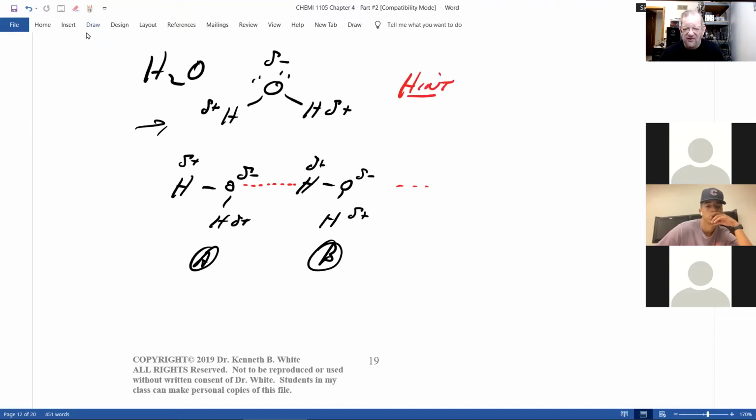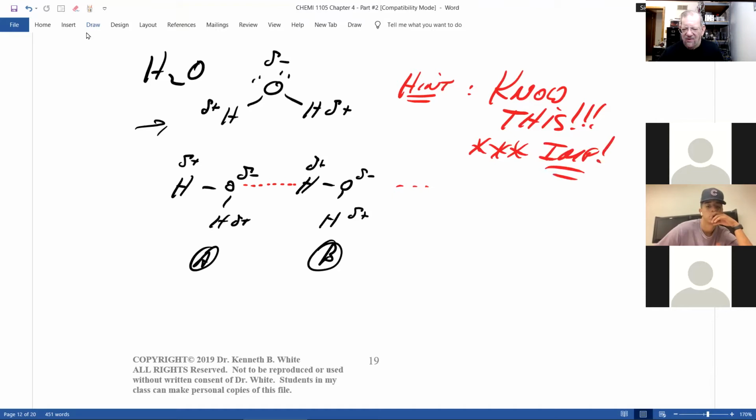For this, I'm turning the switch way on. Whenever I put 3 stars and then IMP and an exclamation point in my notes, that always warned me, you better really know this.